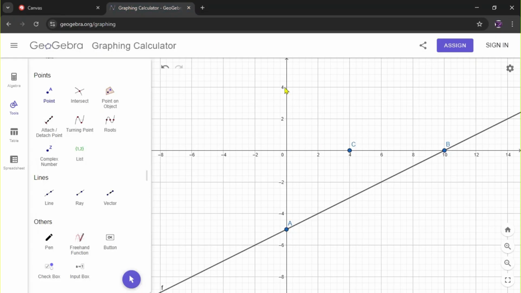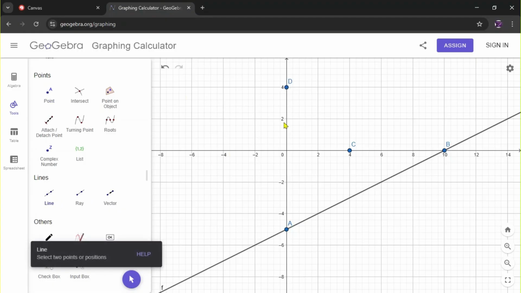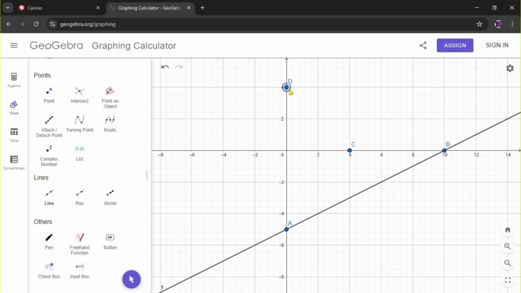Then you have 4 somewhere here. So you have just the 2 points. Then you draw a line that is passing through that. So if I draw a line that is passing through that, that line is supposed to be a value like that.